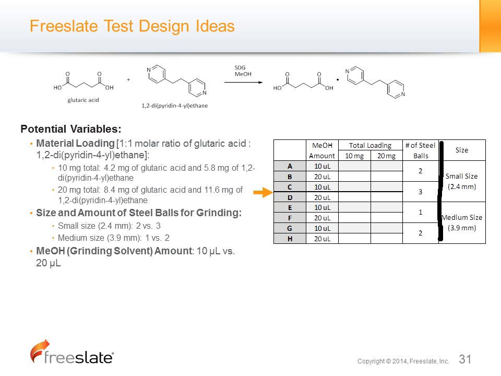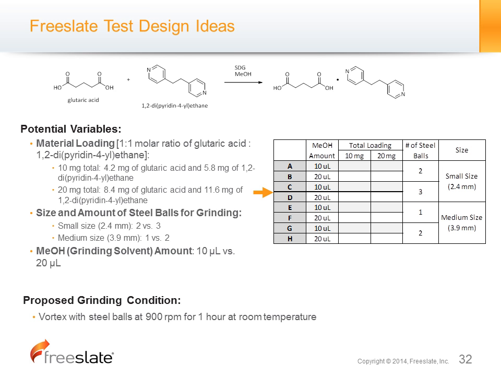So all the variables are represented. There's also a general condition for everything, because we're going to put this all in one plate. The general condition we decided on is 900 RPM, room temperature, vortexing it with the steel ball inside. This is just grinding in the most basic way; people understand that's grinding when you just vortex the steel ball inside.